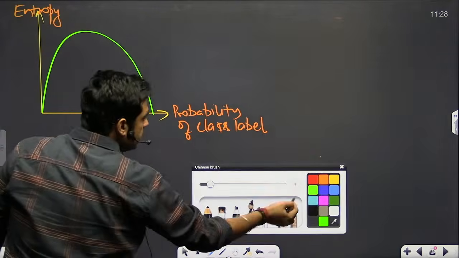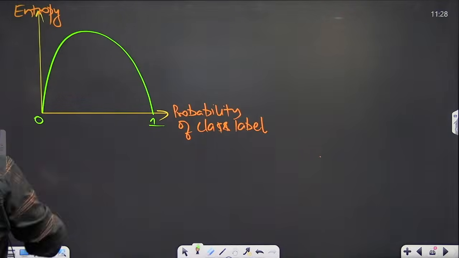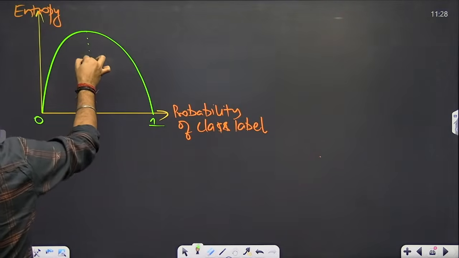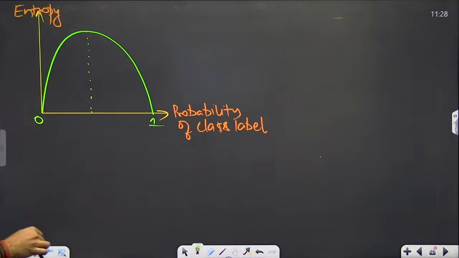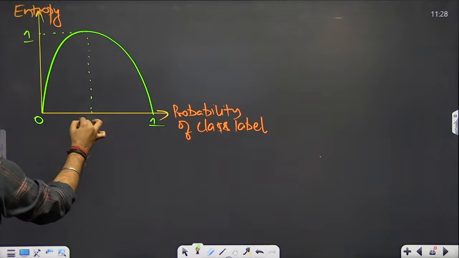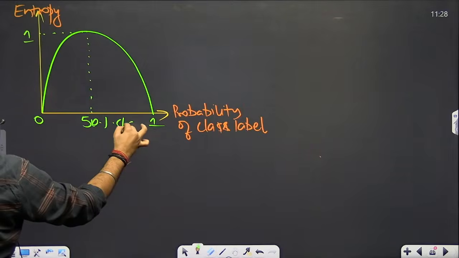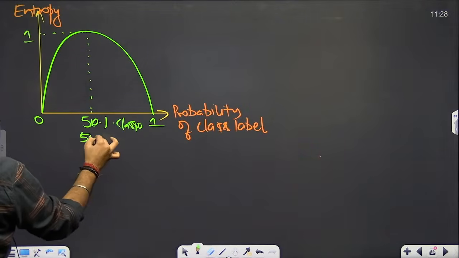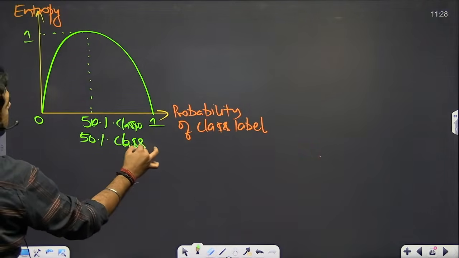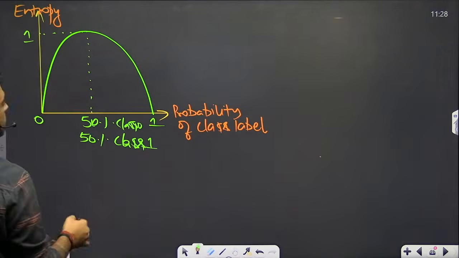So when the probability of class label is pure 0 or pure 1, then entropy is 0. And when the class label is 50%, a mixture of 50% class 0 and 50% class 1, the entropy is maximum.